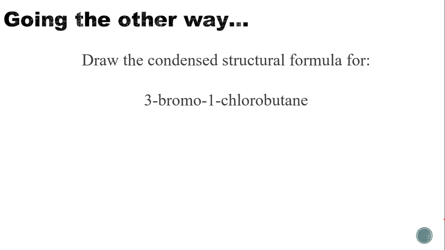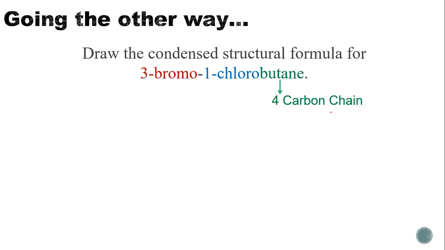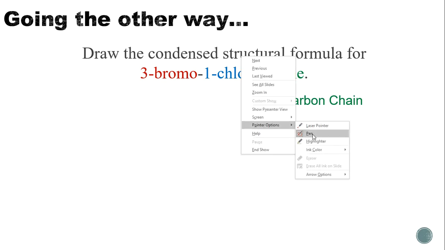1-chlorobutane. When I draw them, you'll find your own path as you get good at these, but when I draw them, I like to start from the back. So I like to go right to left. So the first thing I see here is that it's butane. It's a 4-carbon chain. So that's the first thing I'm going to write is a 4-carbon chain.